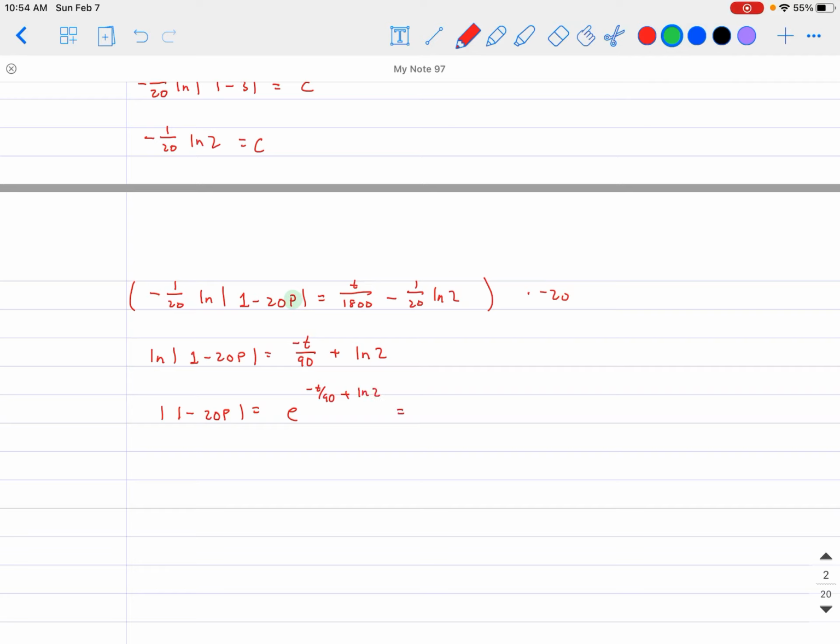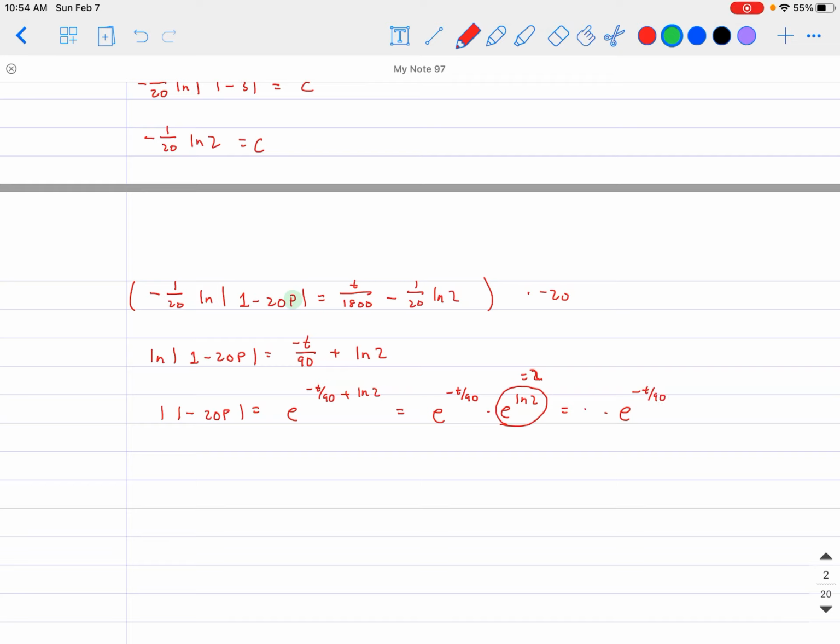When we have exponents added together, and one of the exponents is a natural log, it is good to split them up. So we get e to the negative t over 90 multiplied by e to the ln of 2. And e to the ln of 2 is just equal to 2. So that cleans up to something very nice, which is 2 multiplied by e to the negative t over 90.